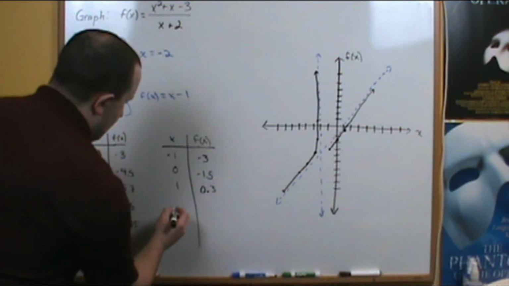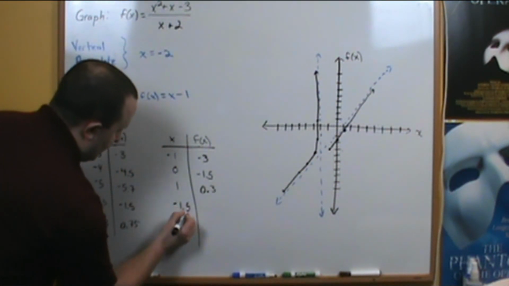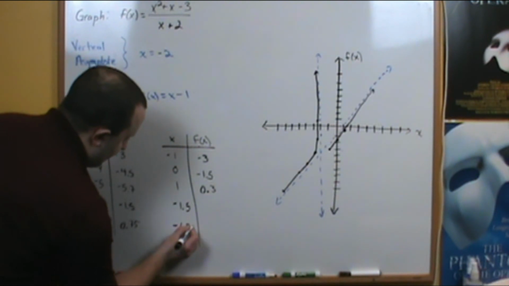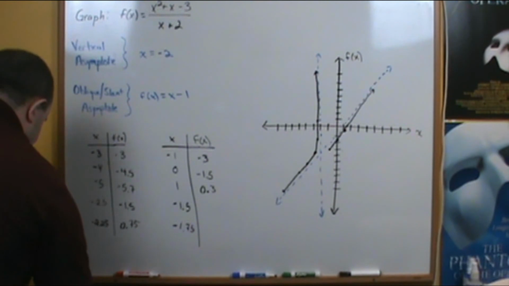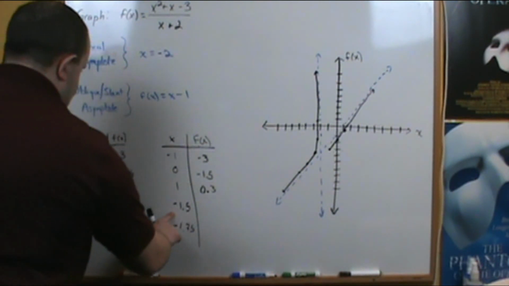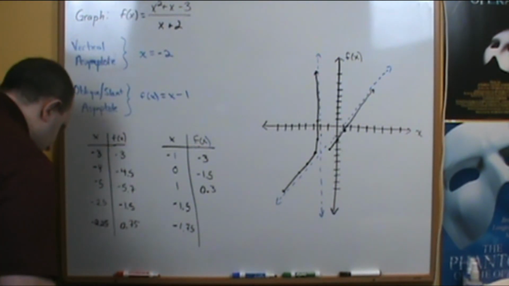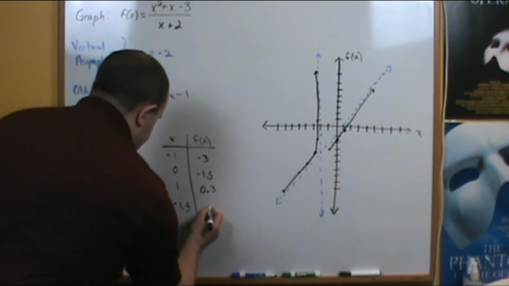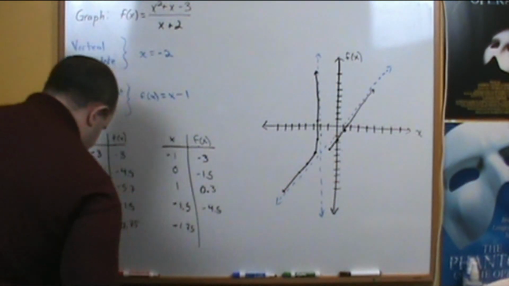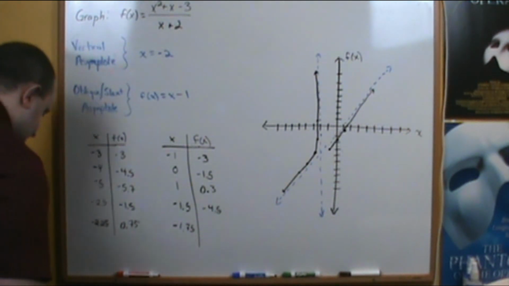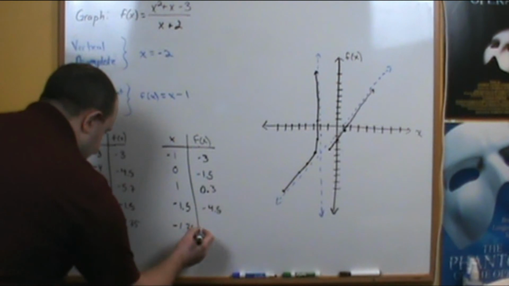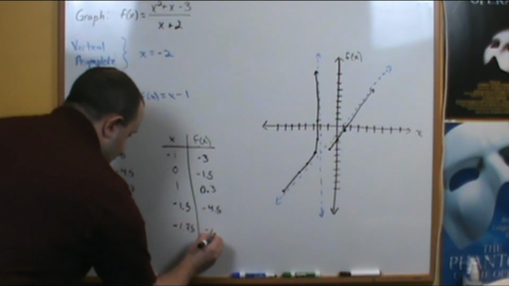So let's pick -1.5 and -1.75. When x is -1.5, we get -4.5 for f of x, and when x is -1.75, we get -6.75.